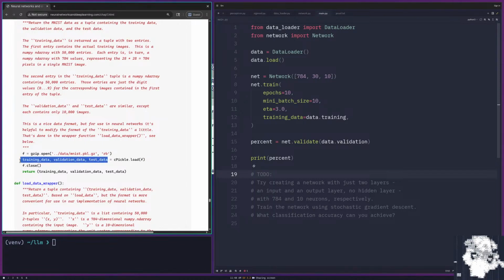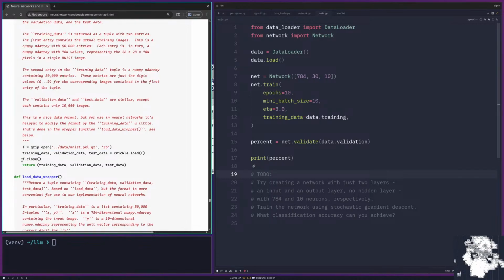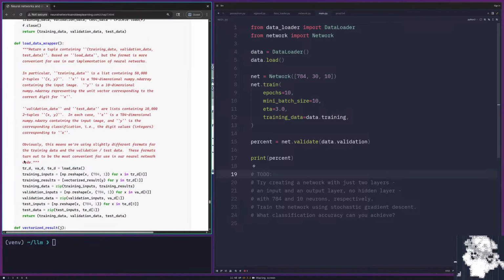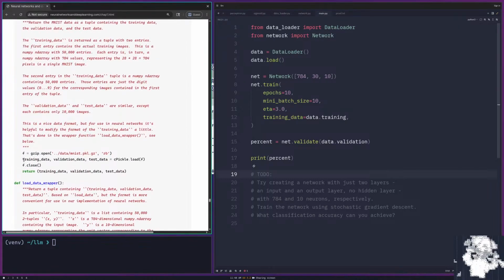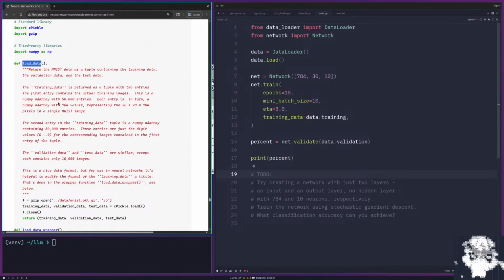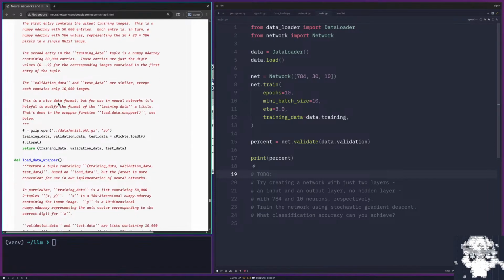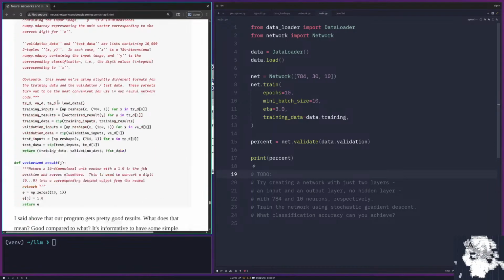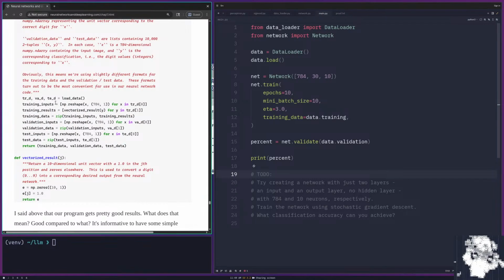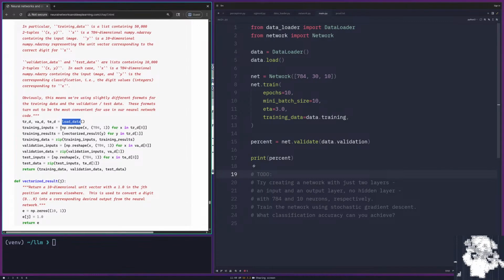So they already processed it and then pickled it and then uploaded the pickled version. Or is that true? We've got load_data and load_data_wrapper. But yeah, they start by loading the pickled data, and then they convert it into NumPy arrays. And I'm noticing I forgot that I have to reshape the arrays to be n by 1.